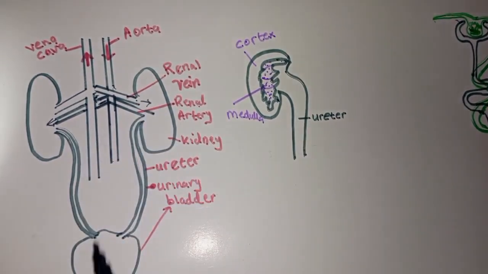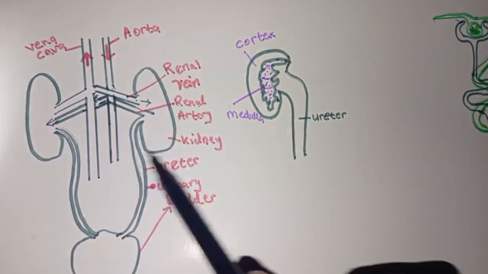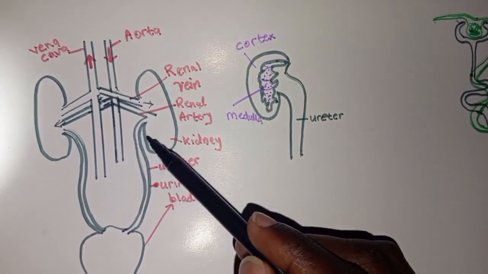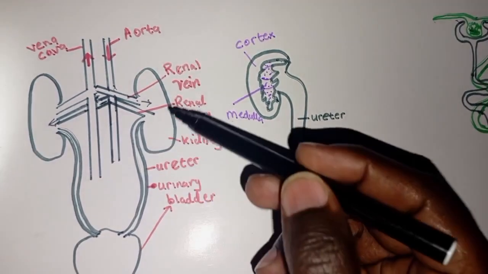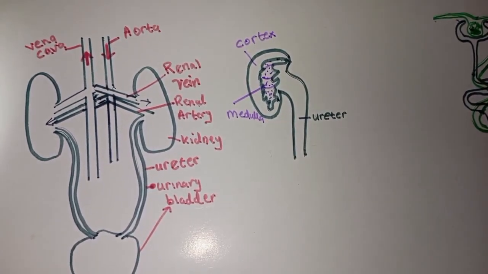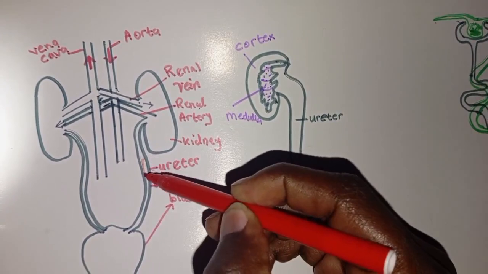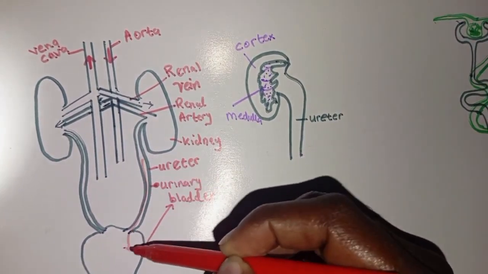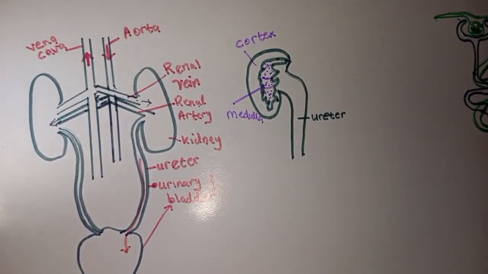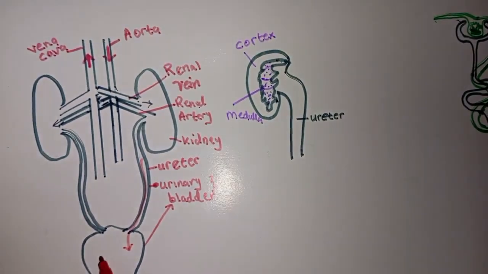These two kidneys are going to remove anything that is not required in the body. Once everything not required has been removed, the fluid that is formed, which contains these wastes, is channeled into what we call the urinary bladder, and that fluid is called urine.